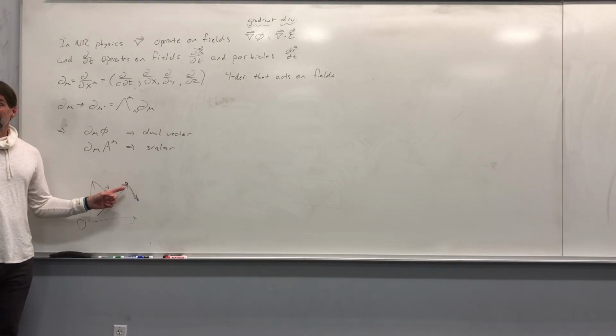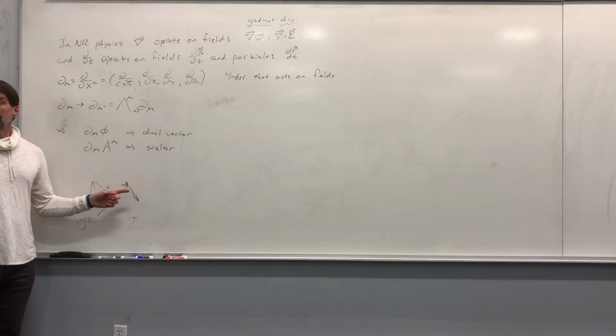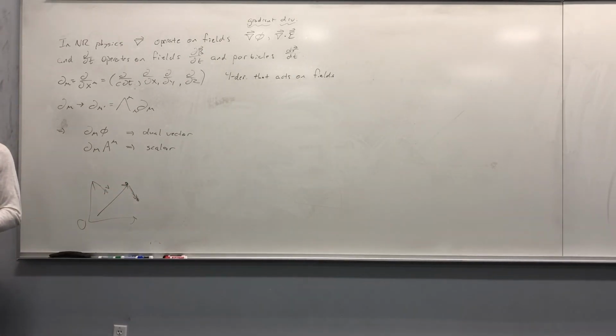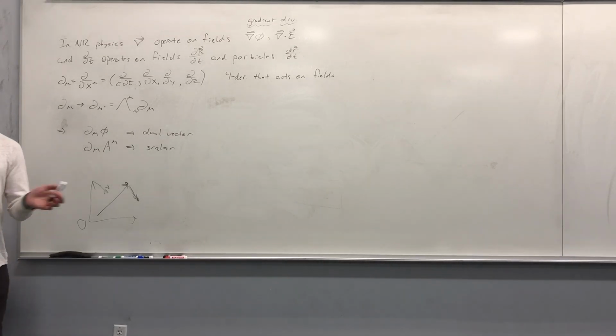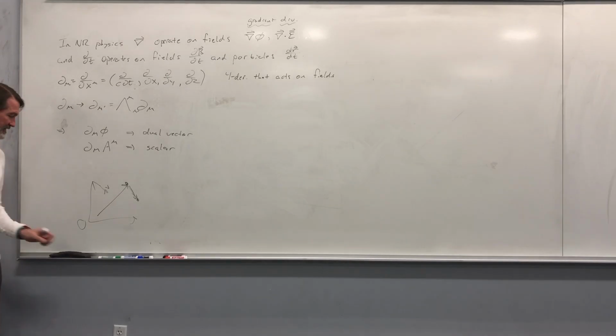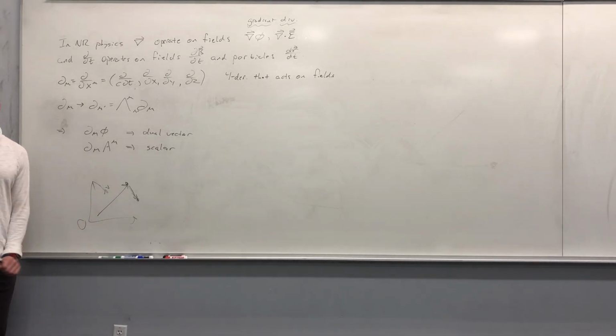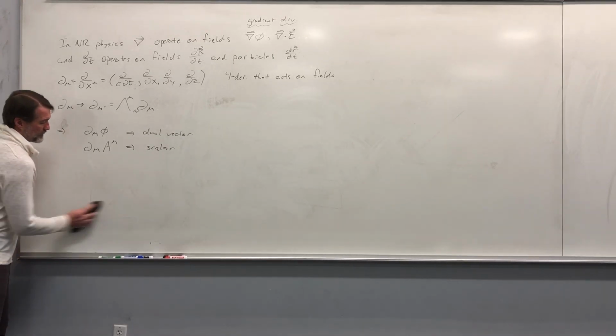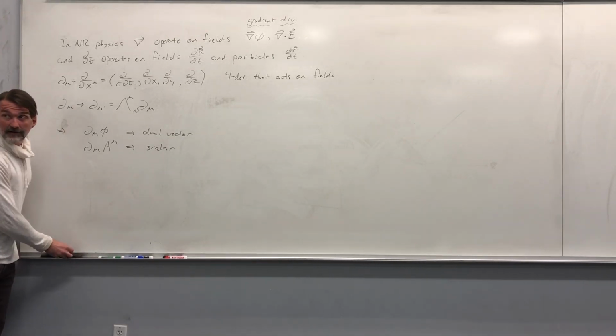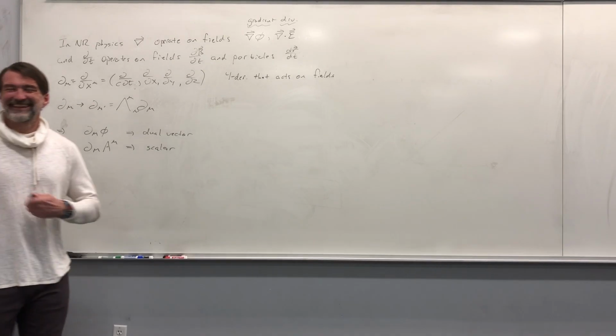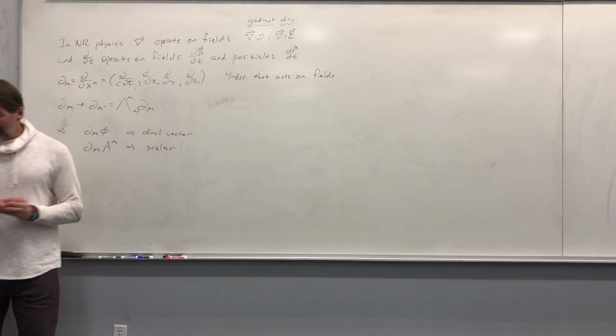This vector does not live in this space either. This vector actually lives in what we call the tangent space. But that's something which we'd have to talk about outside of class hours. It plays a very critical role in general relativity, but in this course we don't really have to work with it. Or you could just take GR and learn about it there. Okay, now are there any other questions?